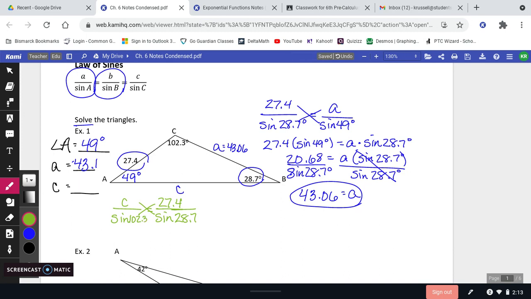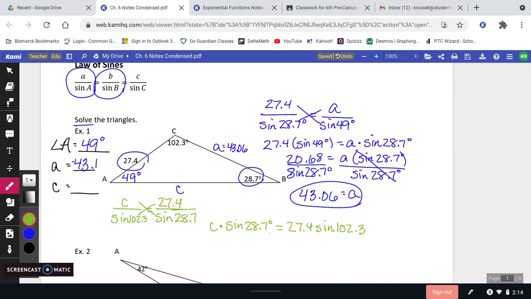So when I multiply, I'm going to have C times the sine of 28.7 degrees equals 27.4 times the sine of 102.3. So again, in your calculator, I'm going to go ahead and multiply 27.4 times the sine of 102.3, and I'm going to divide by the sine of 28.7.